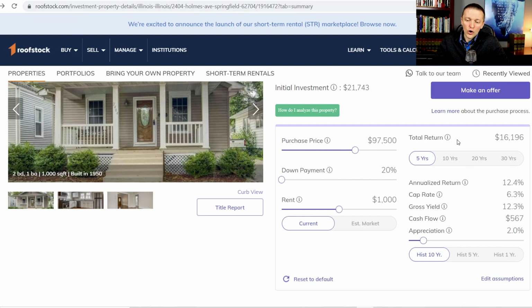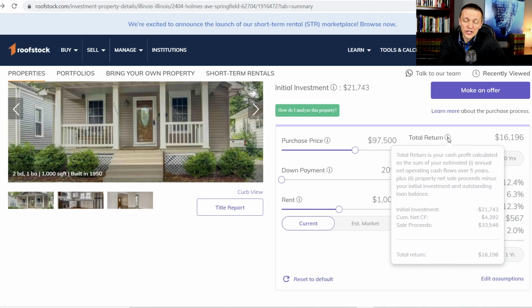Now, if you hover over this little information icon, you can actually see a better breakdown of these numbers. So let's see. So it says total investment, right? This is the initial down payment plus closing costs at the time of purchase, which is $21,743. Cumulative net cash flow, that's what these abbreviations stand for, would come to $4,392, so not very much at all for a 5-year return.